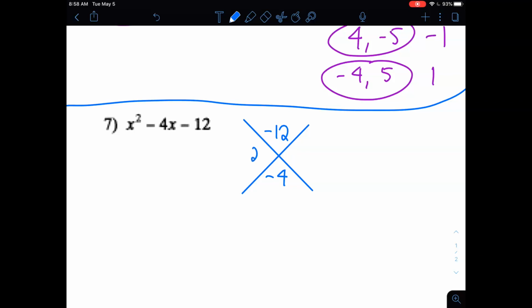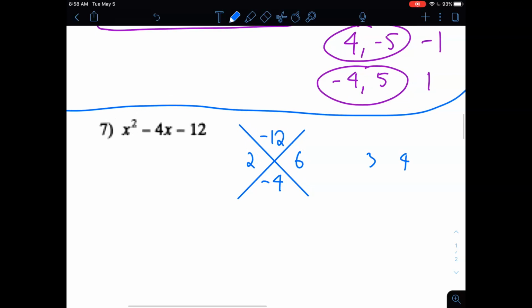What about 2 and 6? Can we get negative 4 from 2 and 6? Actually, you know what's a good idea, guys? Don't even put the negatives in right away. Just put 3 and 4 and see if you can get this number by changing the signs on either of these, okay? And then go from there. All right, so we have 2 and 6. Can we get 4 from adding or subtracting 2 and 6? We can. Now, which one should be negative, 2 or 6, to end up with negative 4?